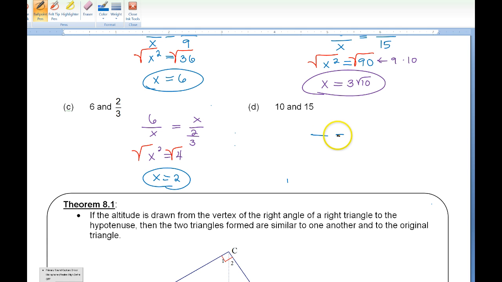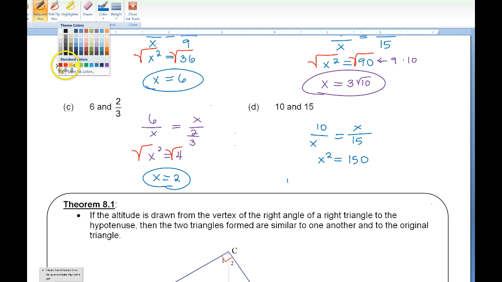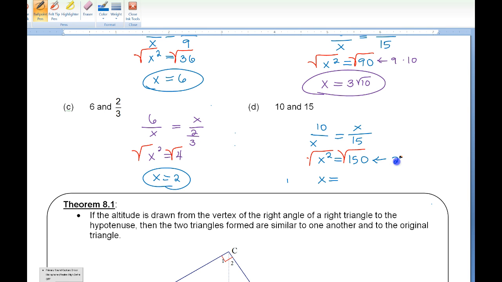So I have x is the geometric mean of 10 and 15. We get x squared equals 150. Take the square root. And the answer is going to be, so 150 is divisible by 25. That's the largest perfect square. Think 25 times 6, so the square root of 25 is 5, with a square root of 6.